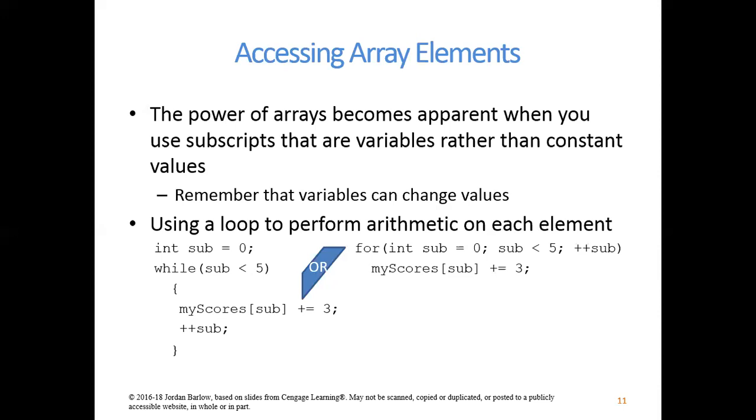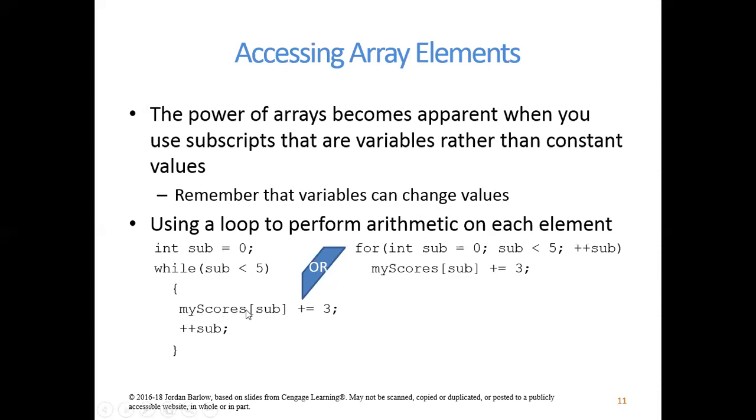So in this example, there is an array called MyScores. It's an array of integers. And what these loops are doing is adding 3 to every single element of the array. So the first time through the loop, sub equals 0.